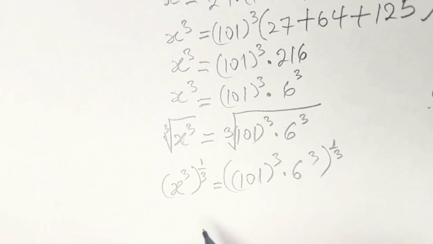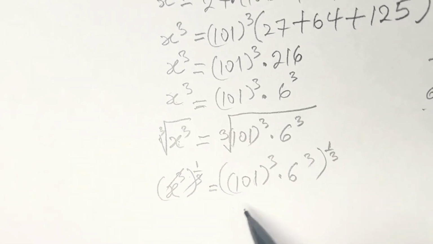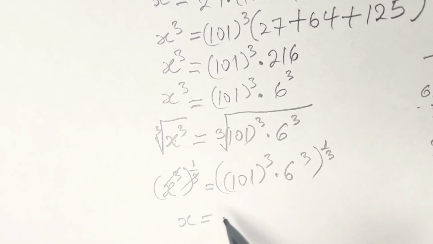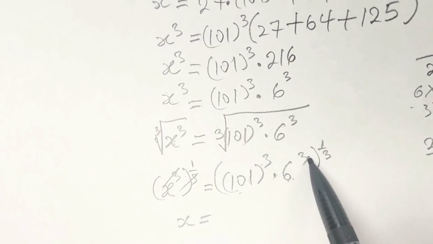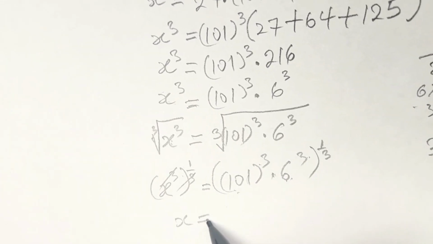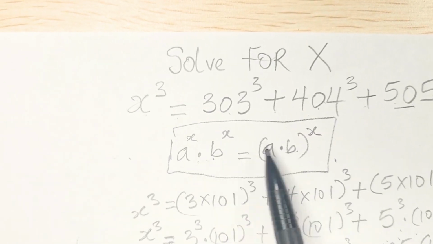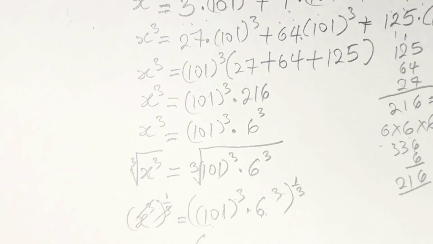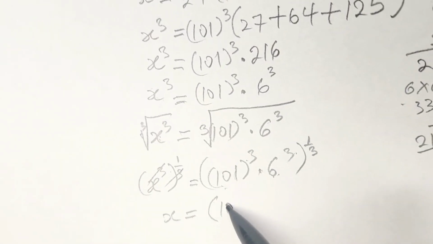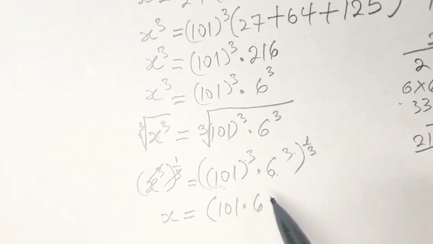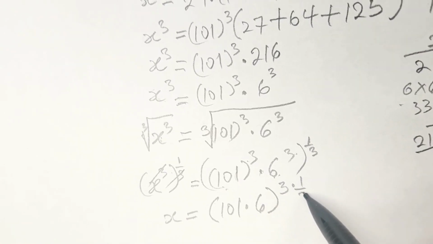So now we know that those can cancel out. So we have x equals, we have different bases, the same powers. So this becomes just like in this equation here, 101 times 6 raised to power 3, to the power 1/3.